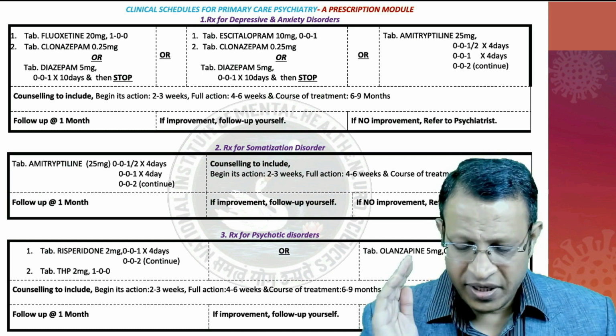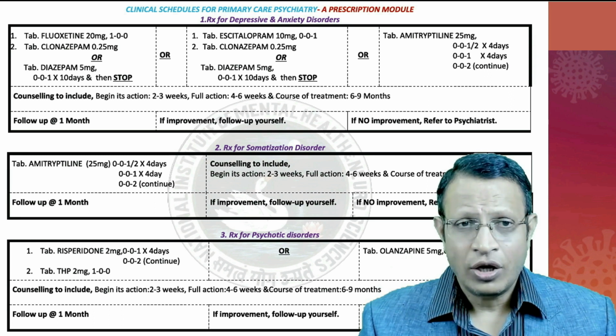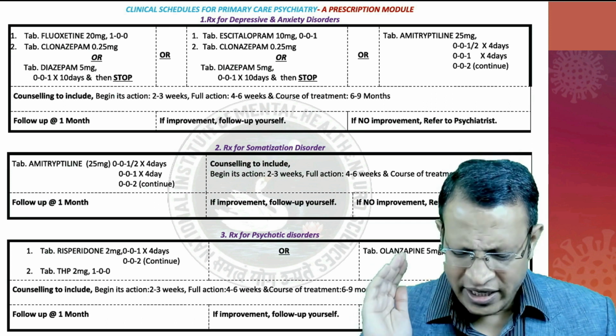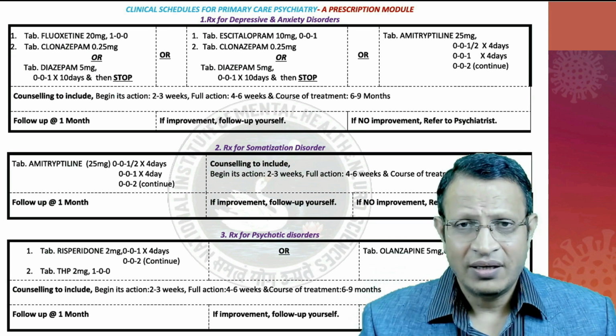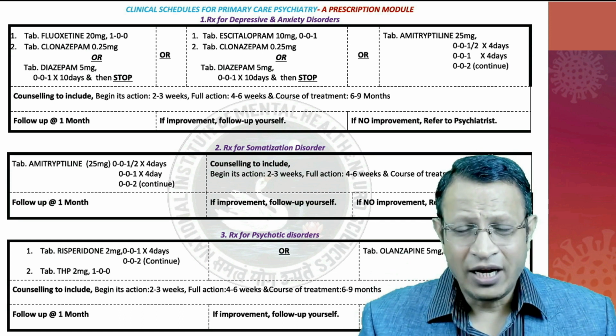If you look at depression, clearly fluoxetine 20 mg 1-0-0 should be written, clonazepam 0.25 mg 0-0-1. Similarly, for each medication, the prescription is written, and the doctor needs to write one prescription and counsel the patient in the presence of a psychiatrist.